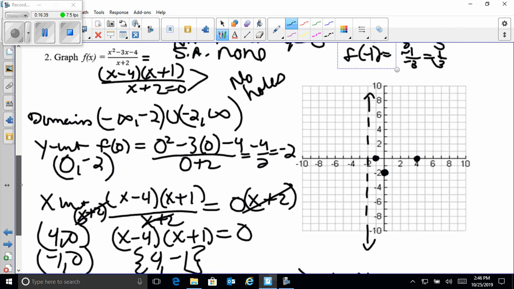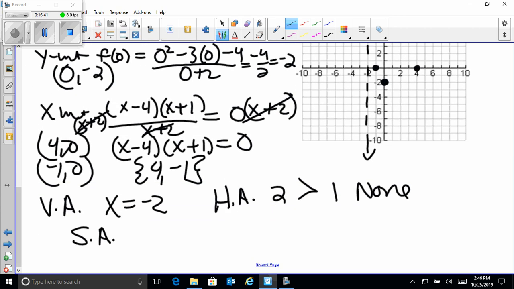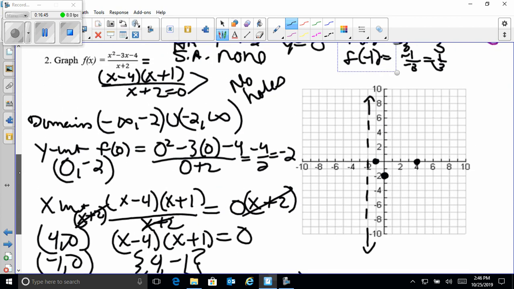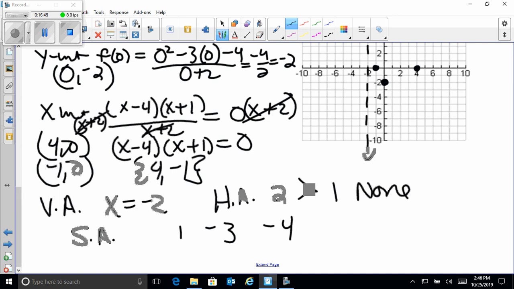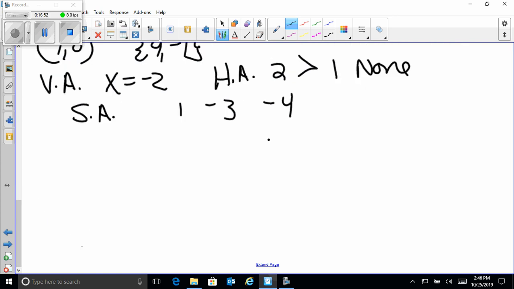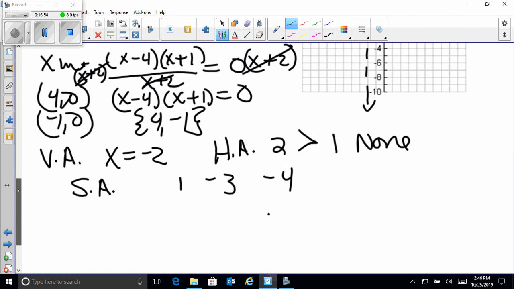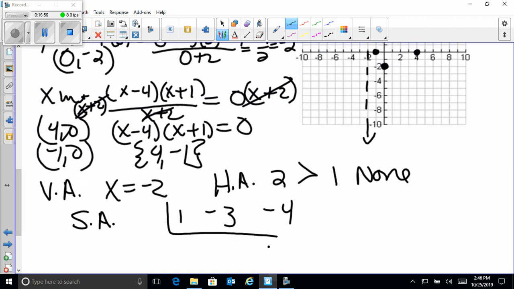So, because I'm dividing by linear, I can actually do synthetic here. 1, negative 3, negative 4. Dividing that by my denominator, which is a negative 2. Bring that down. Negative 2 times that is negative 2.